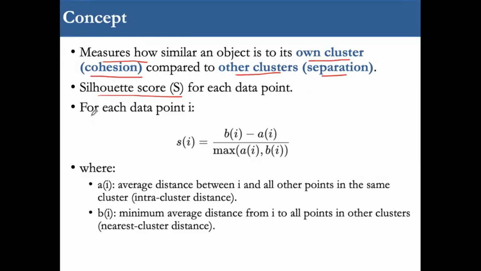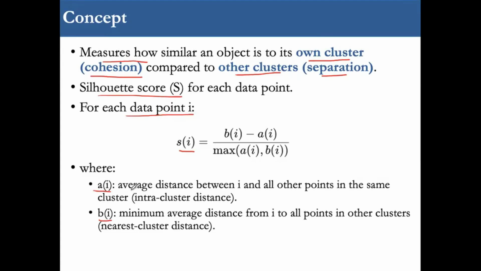How to calculate this? For each data point, we will be calculating the Silhouette score S(i), which is equal to (b(i) minus a(i)) divided by the maximum of a(i) and b(i). We'll see what a(i) and b(i) are.